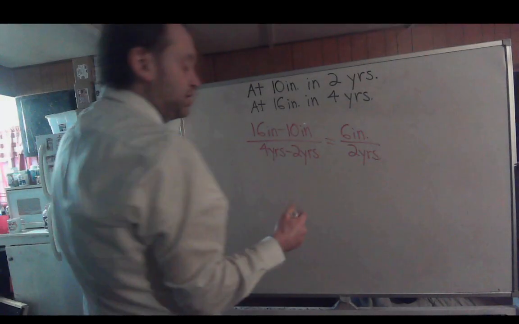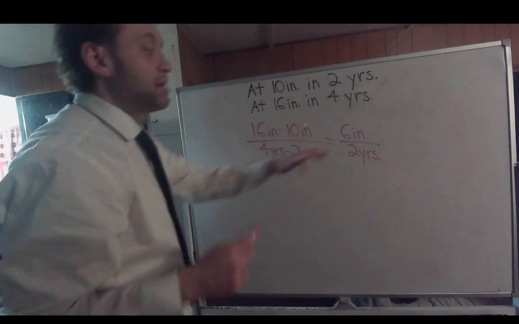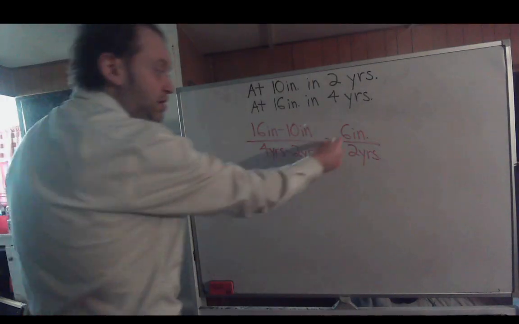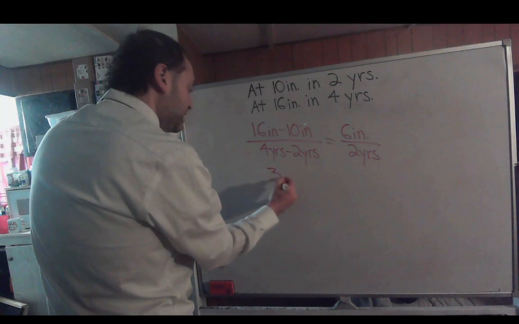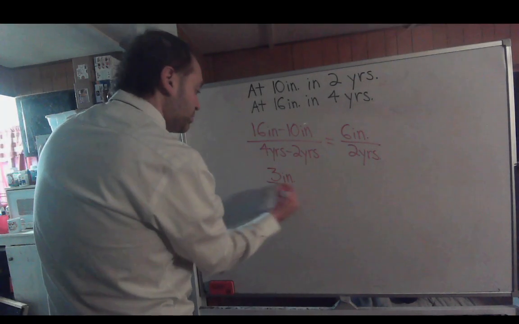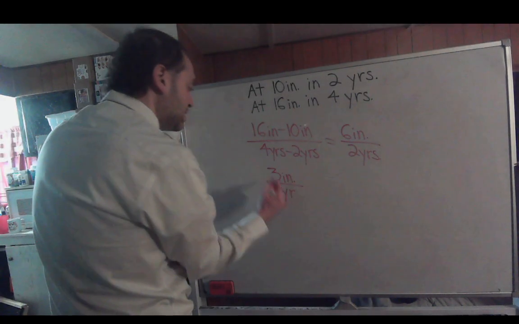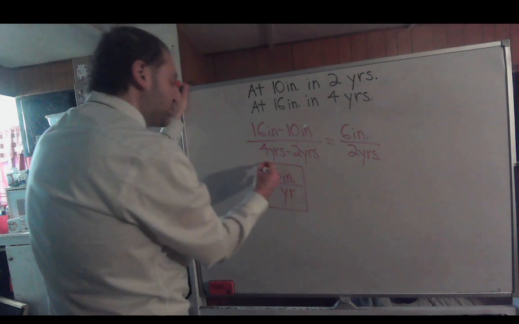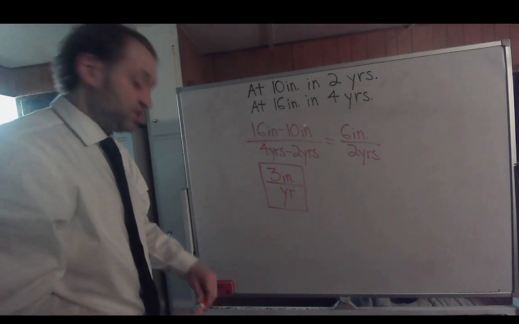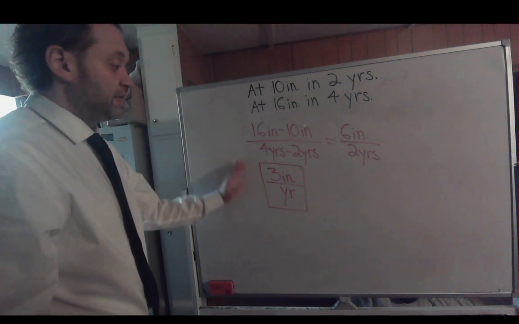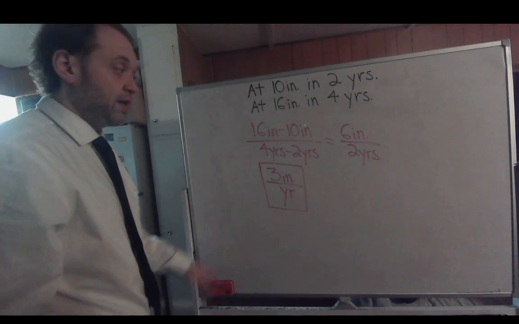So in 2 years, I've increased 6 inches. Well, I want to find the rate per year. So I divide numerator and denominator by 2, which would turn into 3 inches per year. So I'm either growing or the continents are drifting or whatever at a rate of 3 inches per year. That would be the rate of change, 3 inches per year.